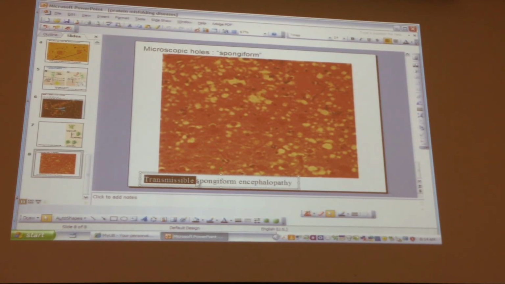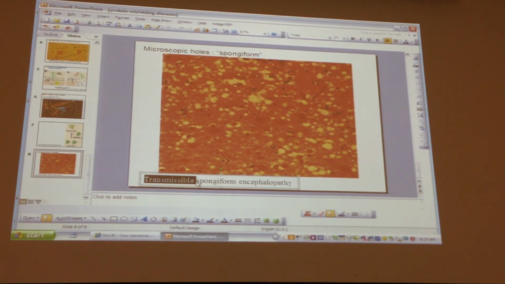Now the way this was happening, or it was being spread, was that after cows had been slaughtered to get the beef to be sold to humans, there would be leftover parts of the cow, including their brains. And these would be ground up and used as cattle feed.